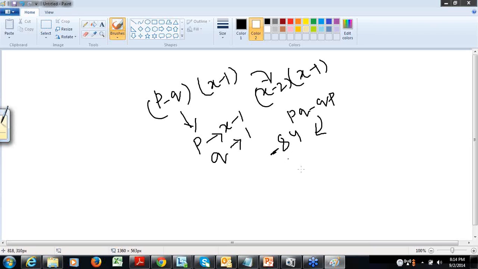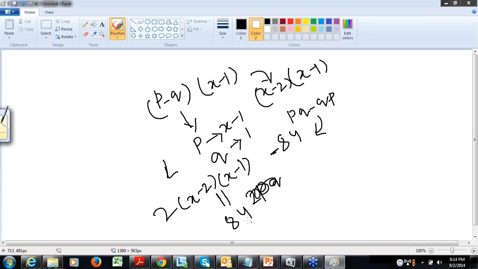Oh, sorry, minus 84. So the sum of these two numbers and the sum of the reverses will be 2 into (X minus 2) into (X minus 1). This will be equal to 84.